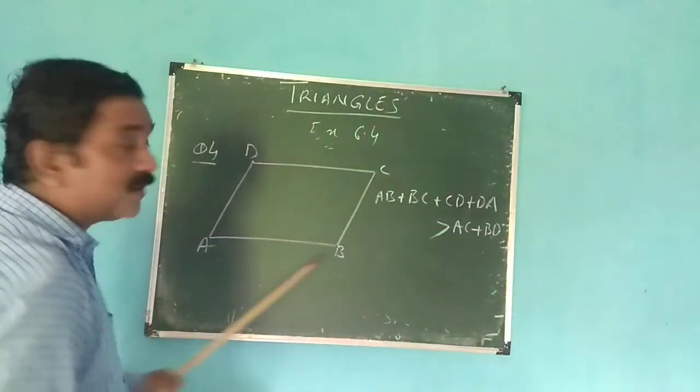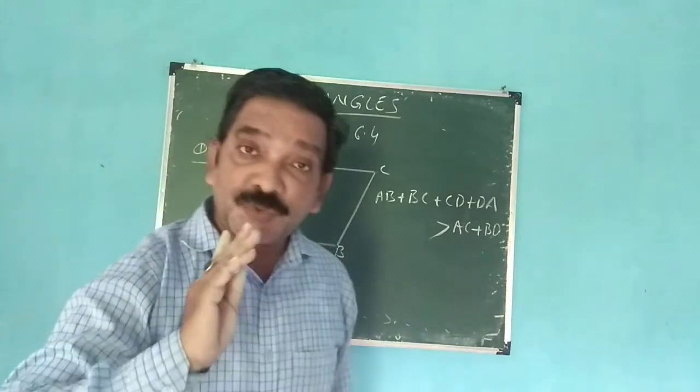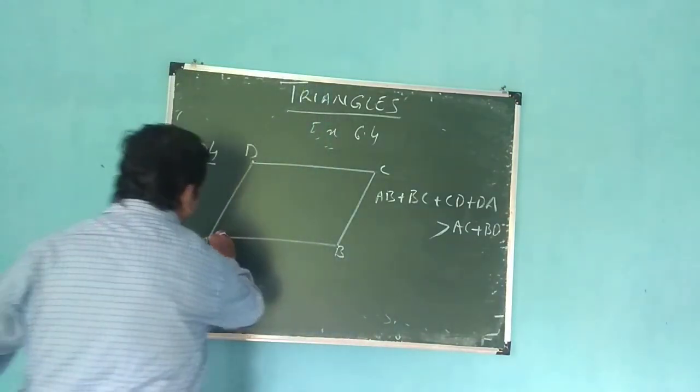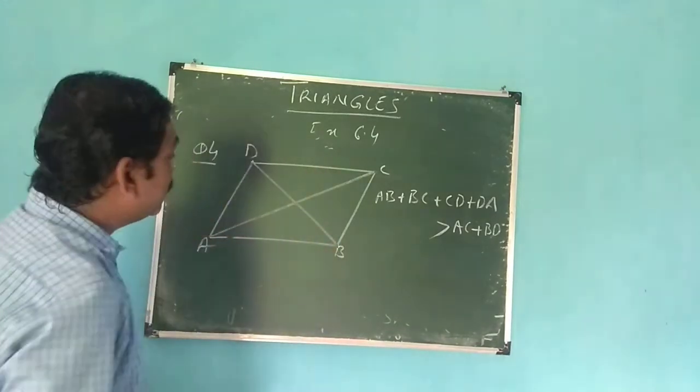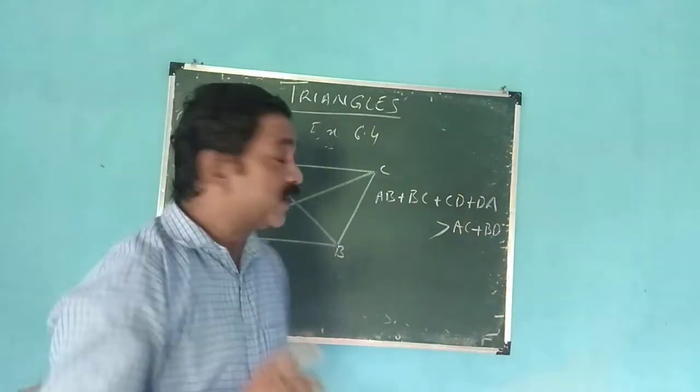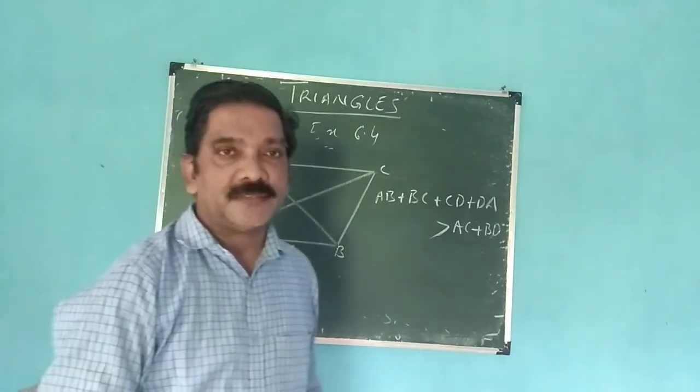Now this question I will explain to you how to do, and you try to write the answer. First you join AC and BD. Now divide this quadrilateral into two triangles.